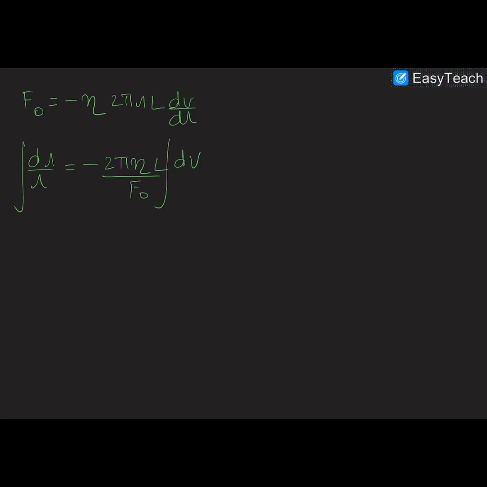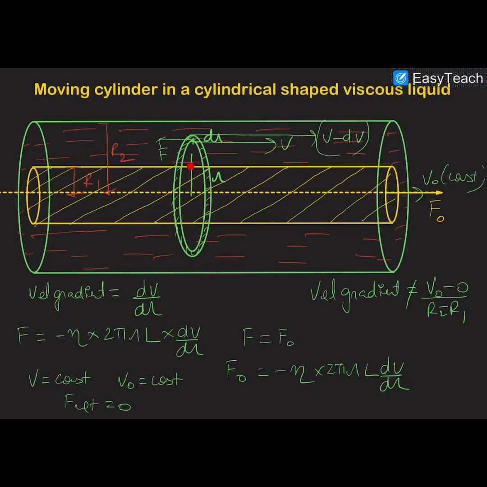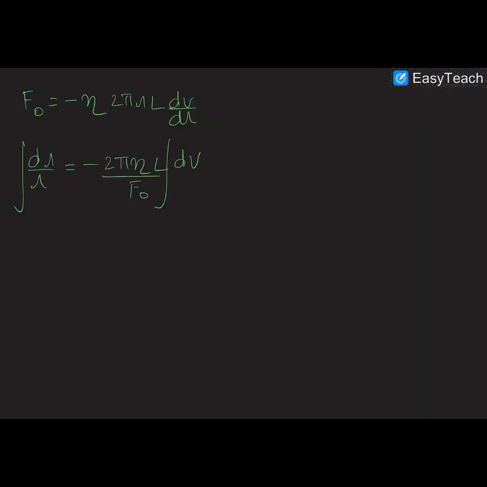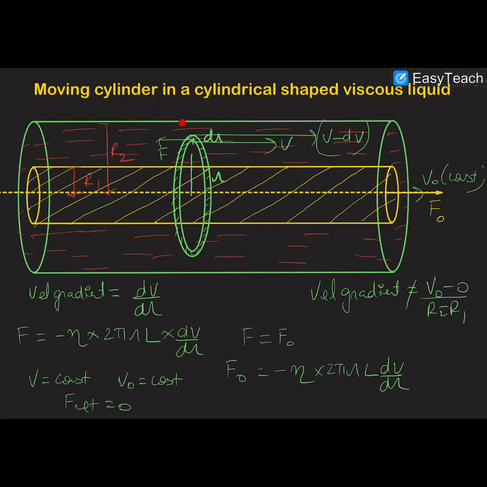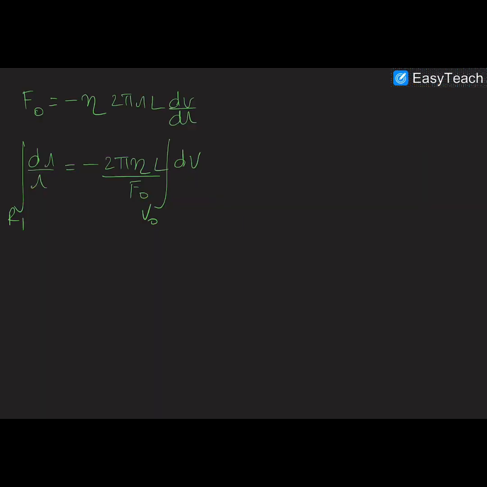So we can apply the limits that at the inner cylinder, radius r is r1 and the velocity is v naught. So at r equal to r1, v is equal to v naught, and at the internal wall of the pipe the velocity is 0 and the radius is r2. So at r equal to r2, velocity will be 0.